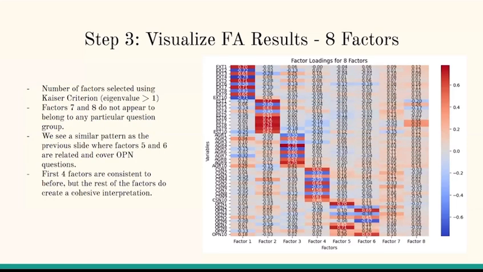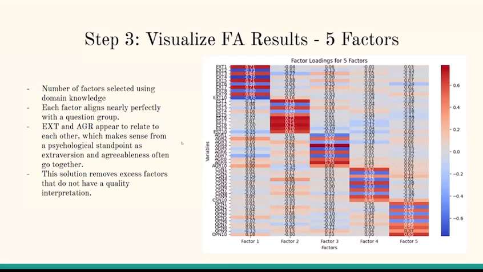And then when we move to 8 factors, the 7th and 8th factors do not really have a good interpretation at all, and they don't belong to any question group. And you can also see that 5 and 6 are related and cover the openness questions. And the first 4 factors are also consistent with how they were with 6 factors.